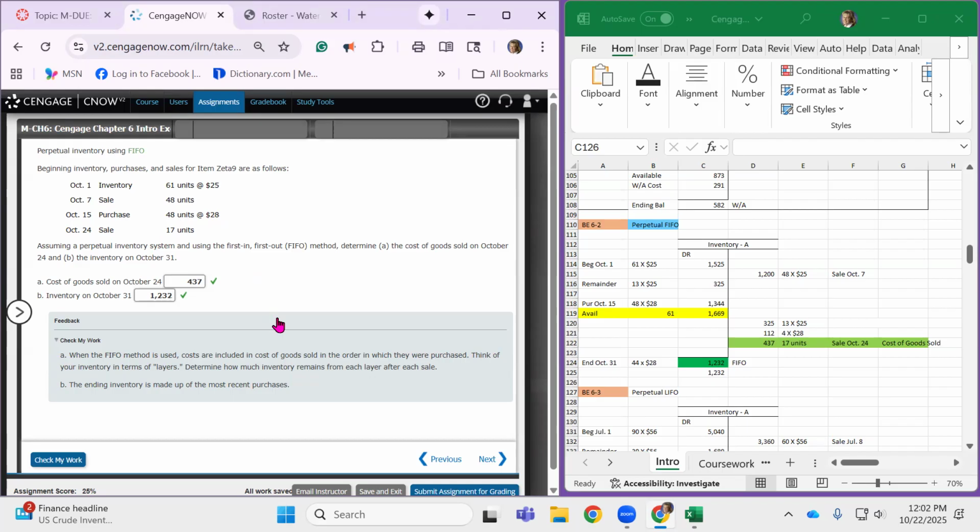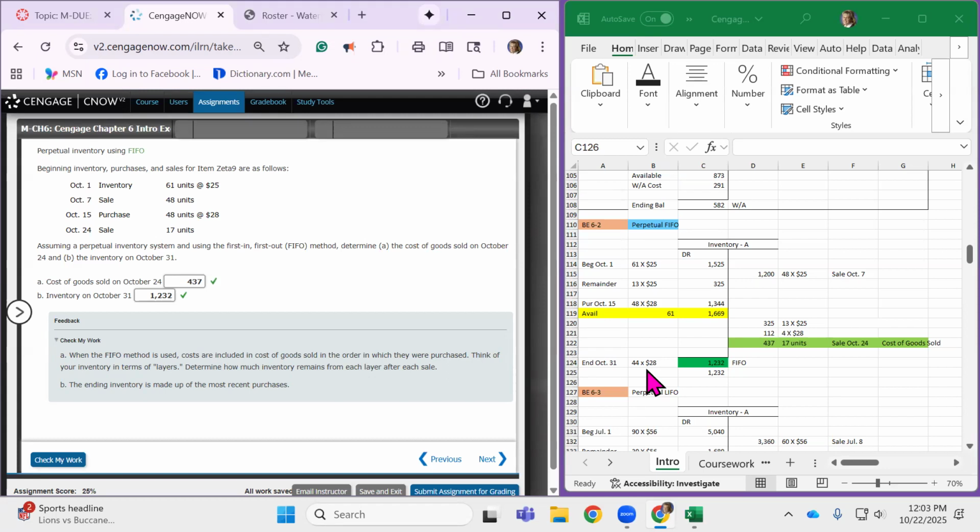Sorry about that. Okay. First costs in, first costs out. So the first costs that were sitting here with the $25 cost, they went out the door. So what remains in ending inventory is the highest cost items, and we're also going to assume that costs are going up. They were 25, now they're 28. We had 61 to begin with. We sold 48.